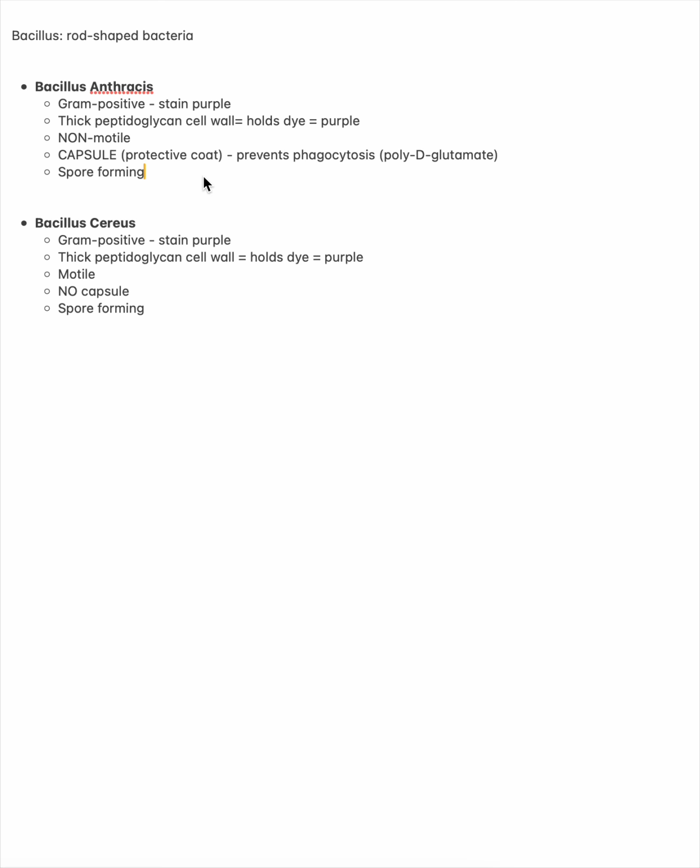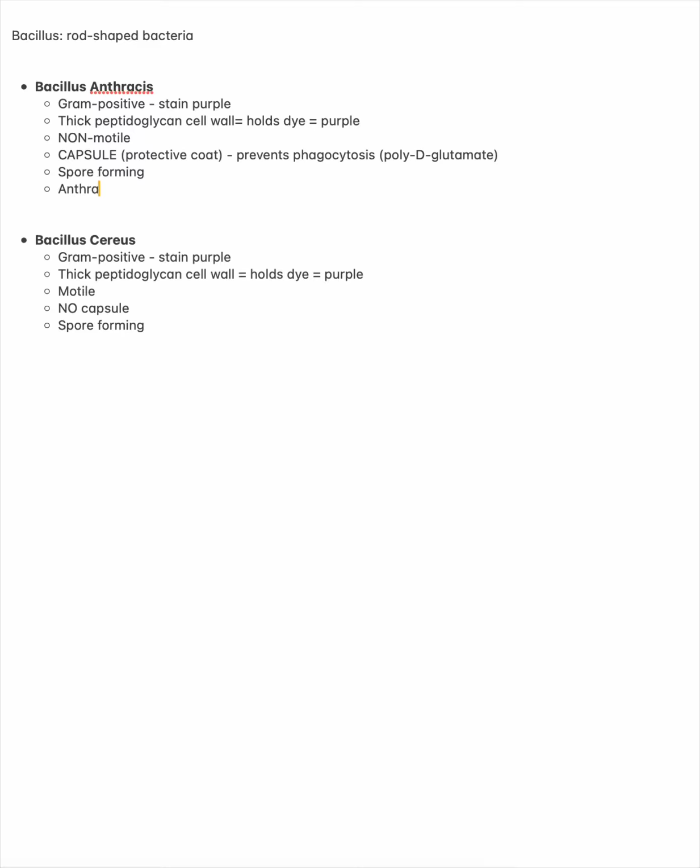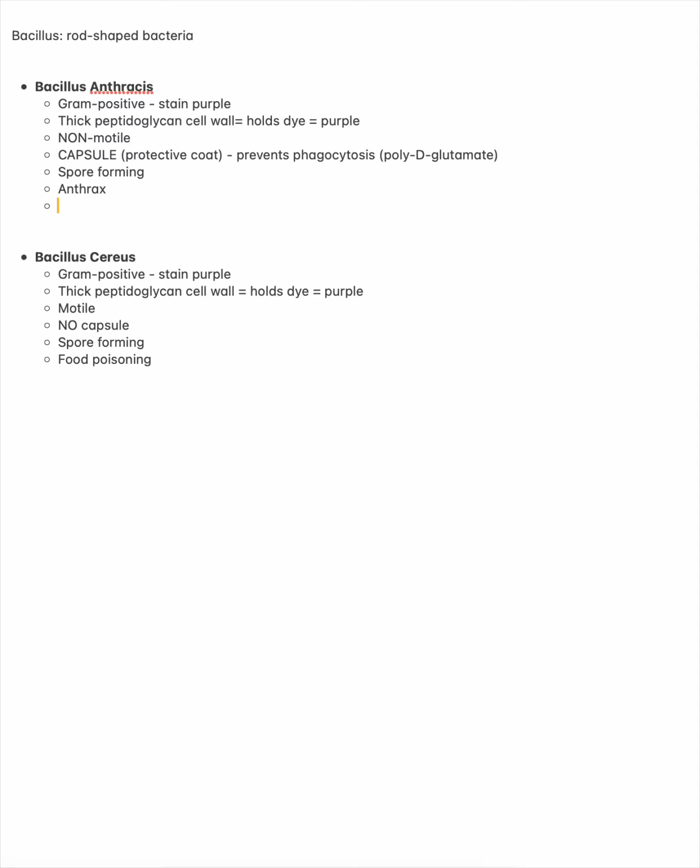And the main disease associated with Bacillus anthracis is anthrax, which I'm sure you've heard of. And the main disease associated with Bacillus cereus is food poisoning. Bacillus cereus is particularly associated, in terms of transmission, with animal products and spores.